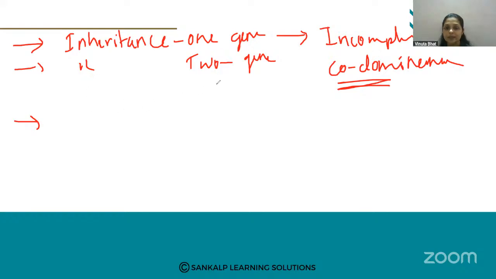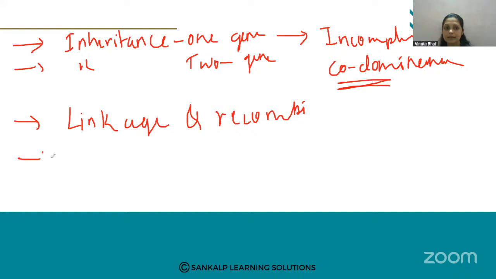After that, linkage and recombination, very important. Then sex determination in all organisms, that is also very important.